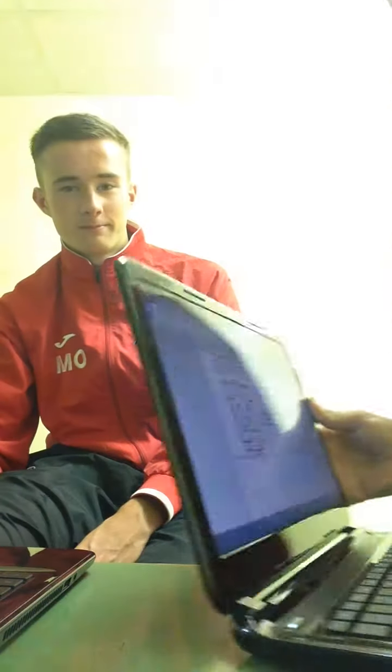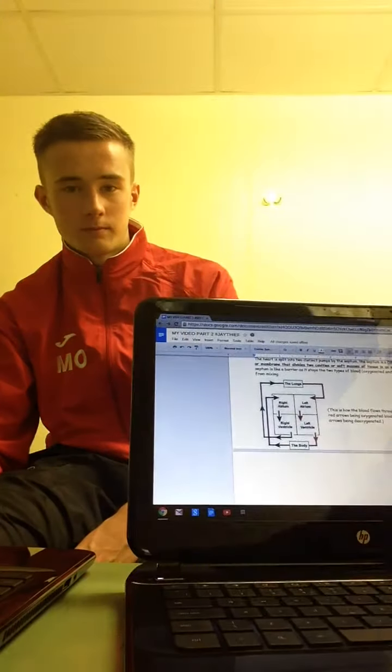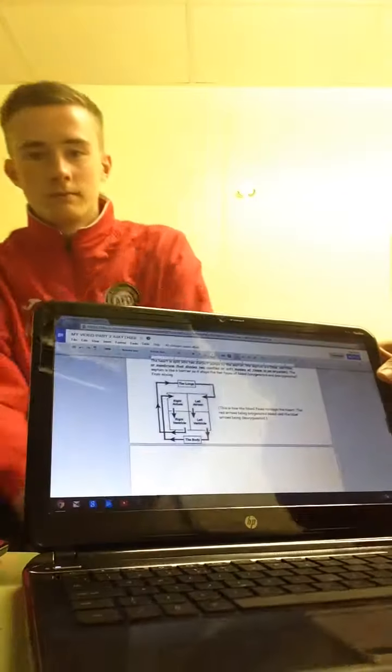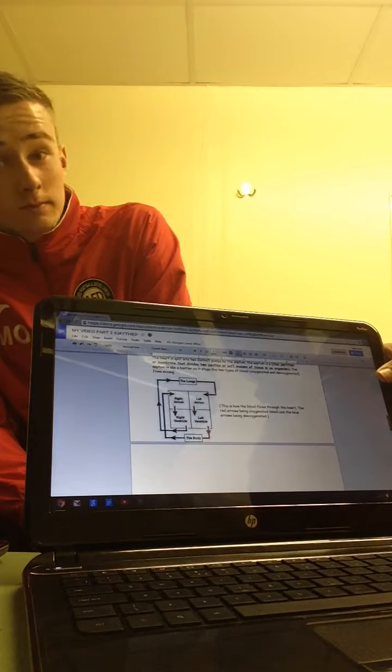Using the diagram below, describe the passage of blood flow around the heart. I can't really see it, but there's the diagram. This is how the blood flows through the heart.